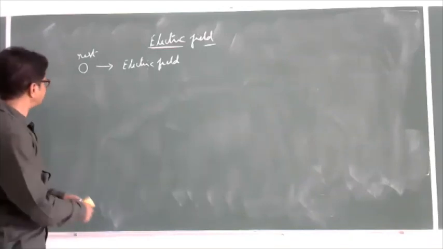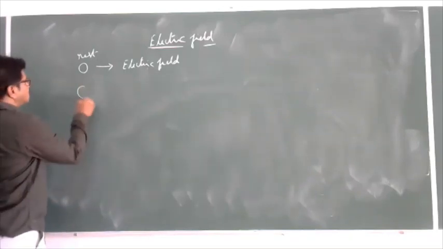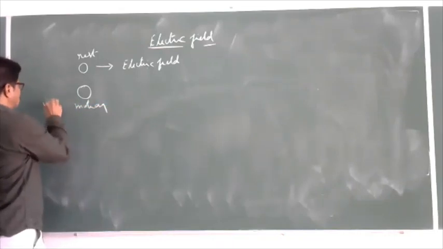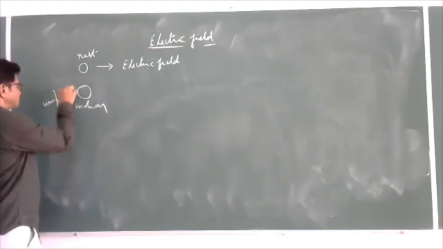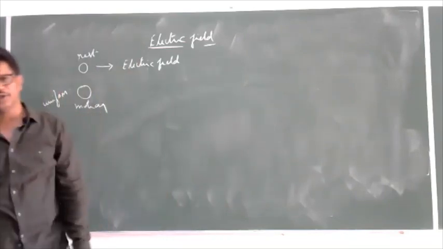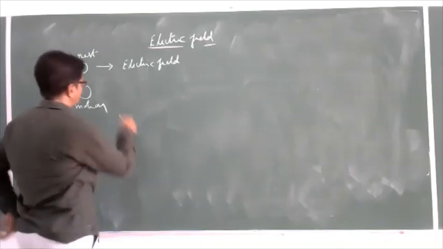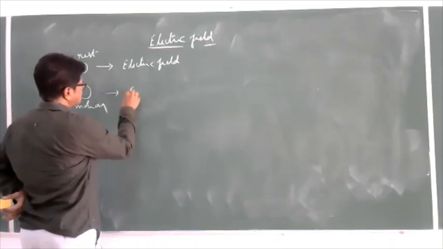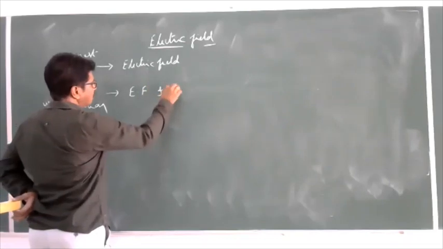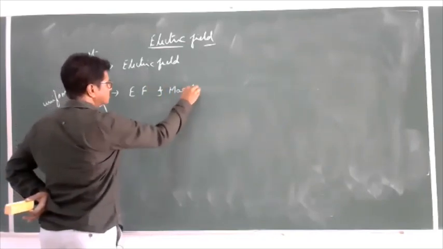That is called an electrostatic field. Whenever the charge is in motion, that too uniform motion, it will produce electric field and magnetic field also.